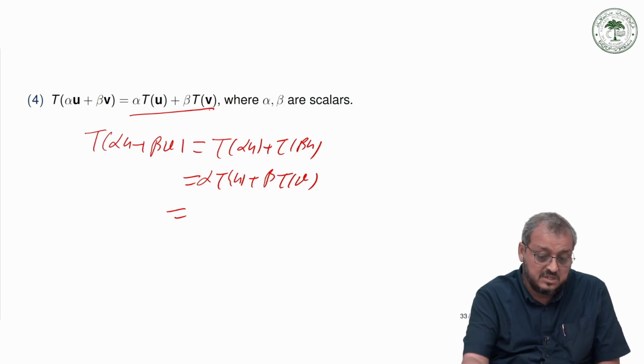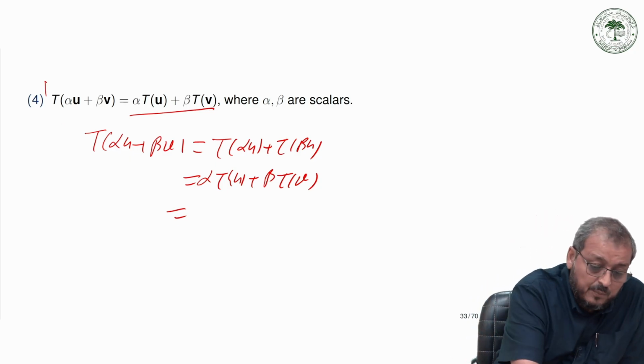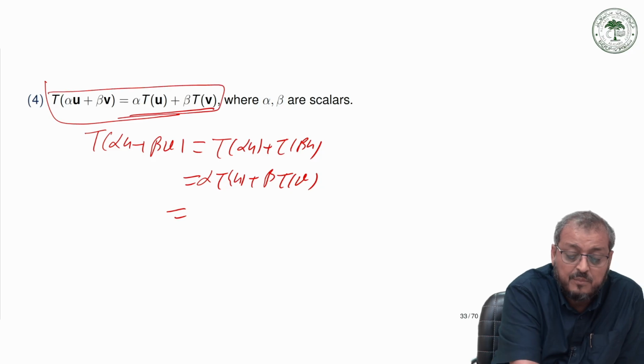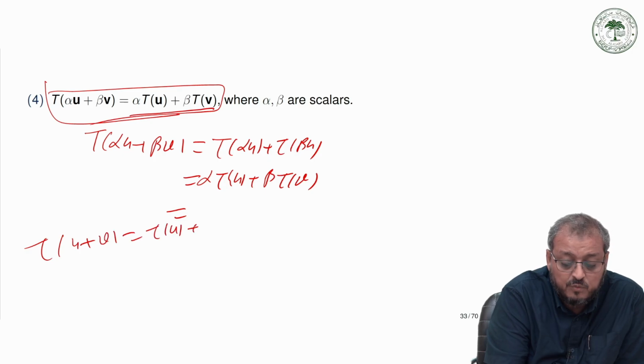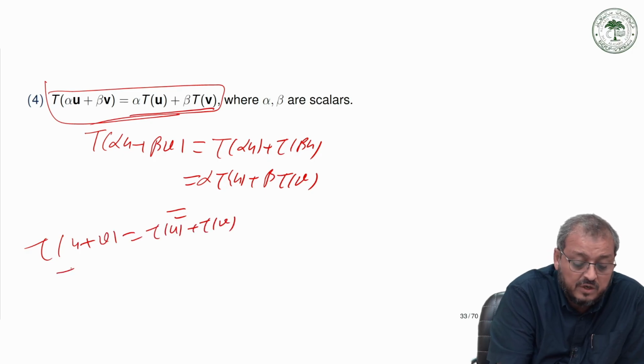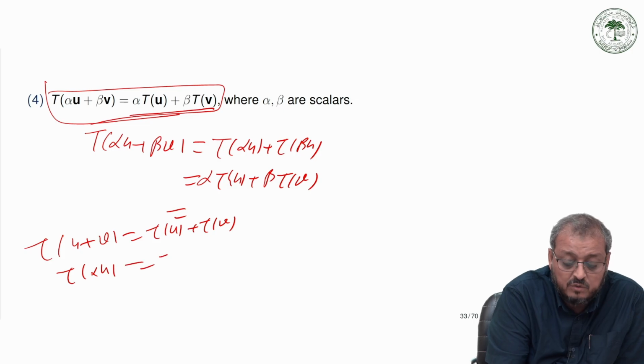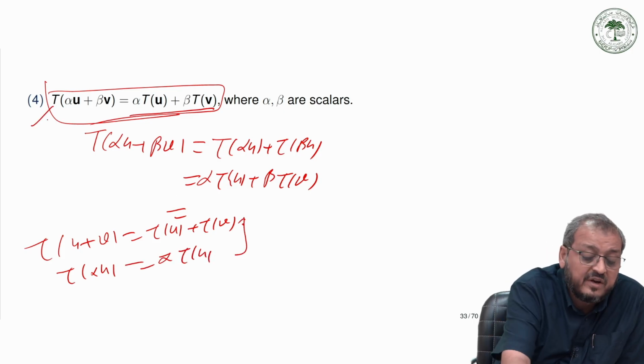Now you see what is the importance of this property. We have to initially show that T of U plus V is equal to T of U plus T of V, and separately the second condition, T of alpha U is equal to alpha times T of U. If we combine these two properties, we get this.